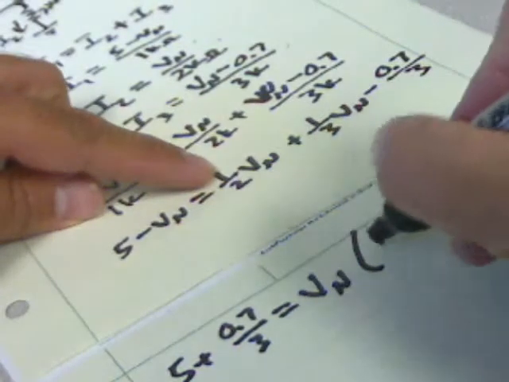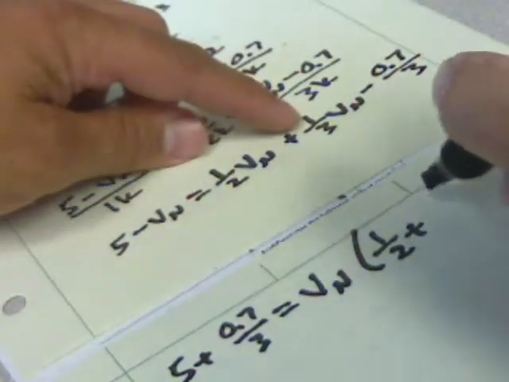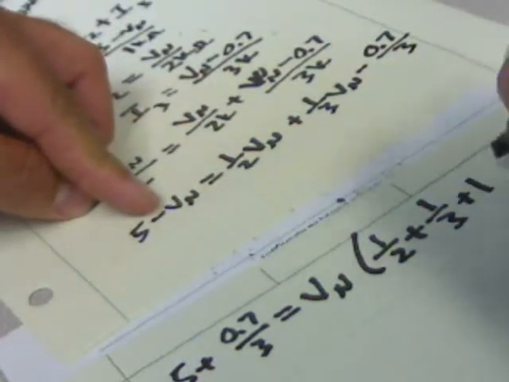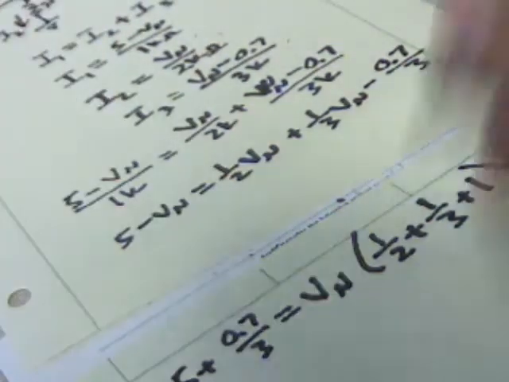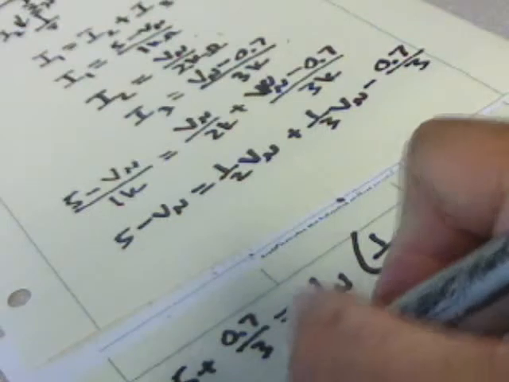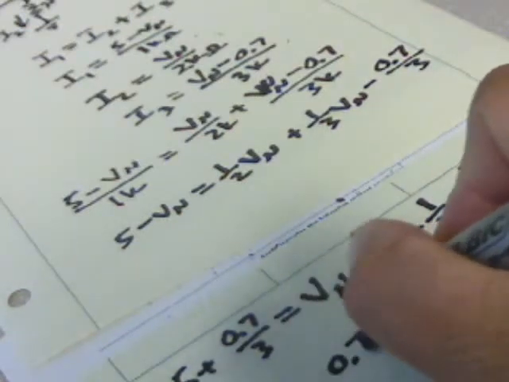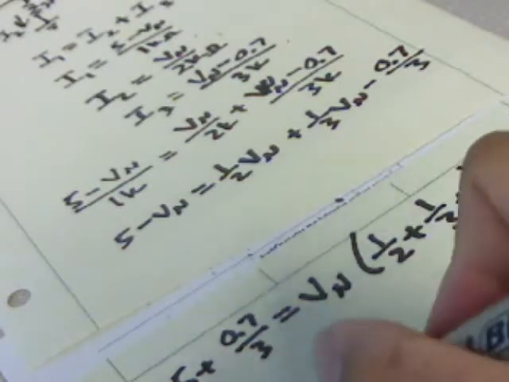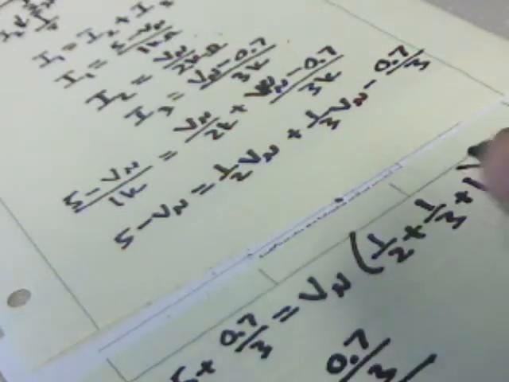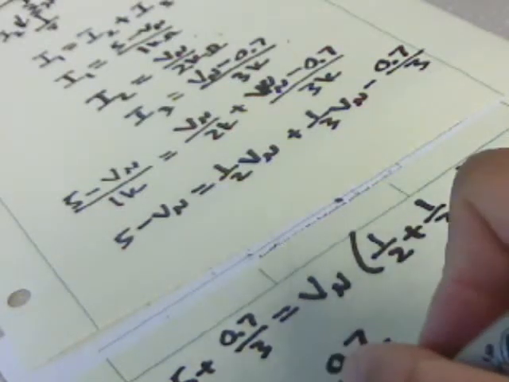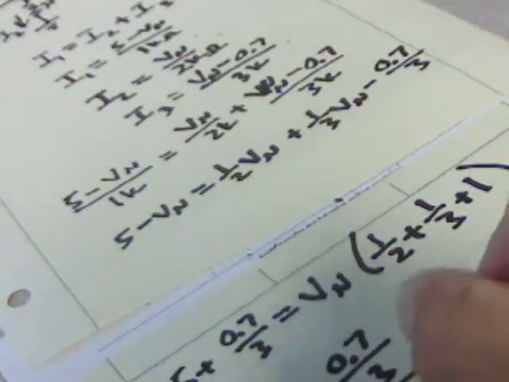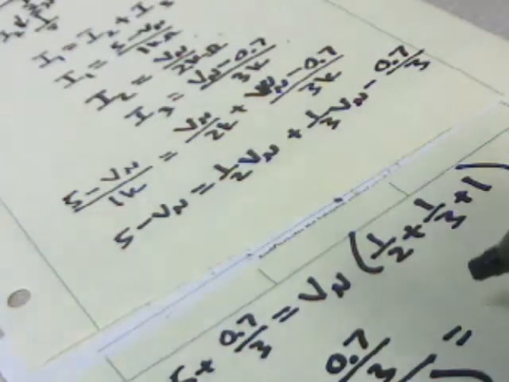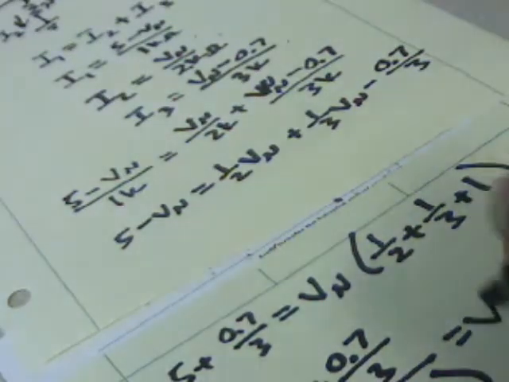I'm going to have the 1/2 from here plus 1/3 from here, plus the 1 from here, and there we go. So the final answer is 5 plus 0.7 over 3, divided by 1 plus 1/2 plus 1/3. And that equals Vn.